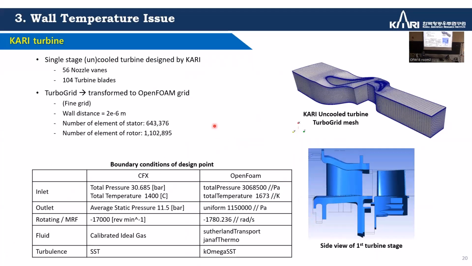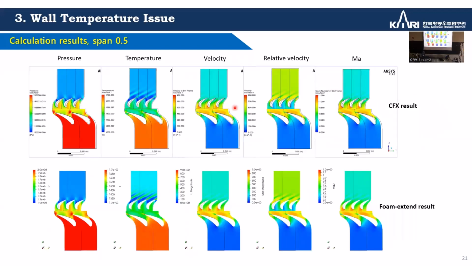And another problem is the wall temperature issue. We use the Parry turbine. It is designed by Parry originally to make a cooled turbine, but I used only the uncooled turbine model, and I just solved it, and all the other variables seem right, except the temperature.